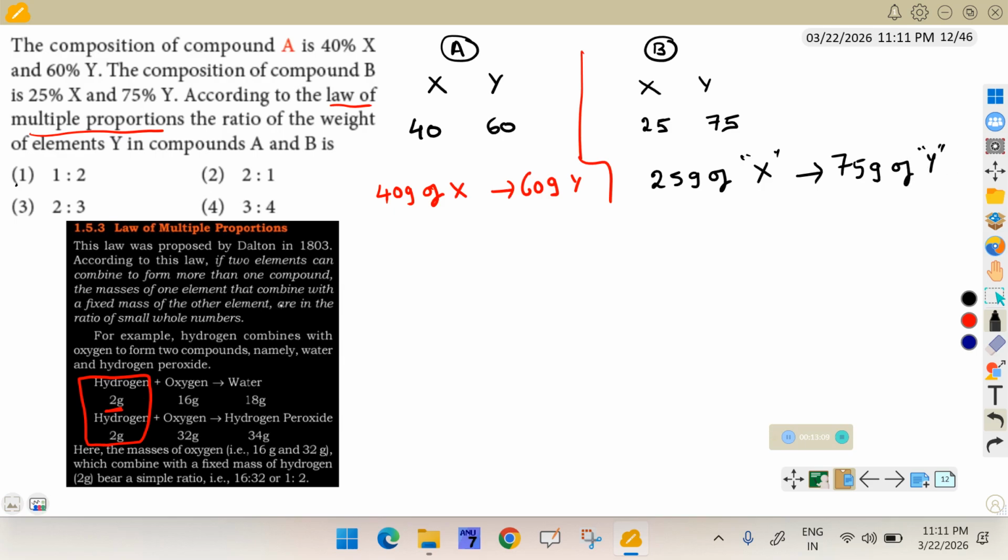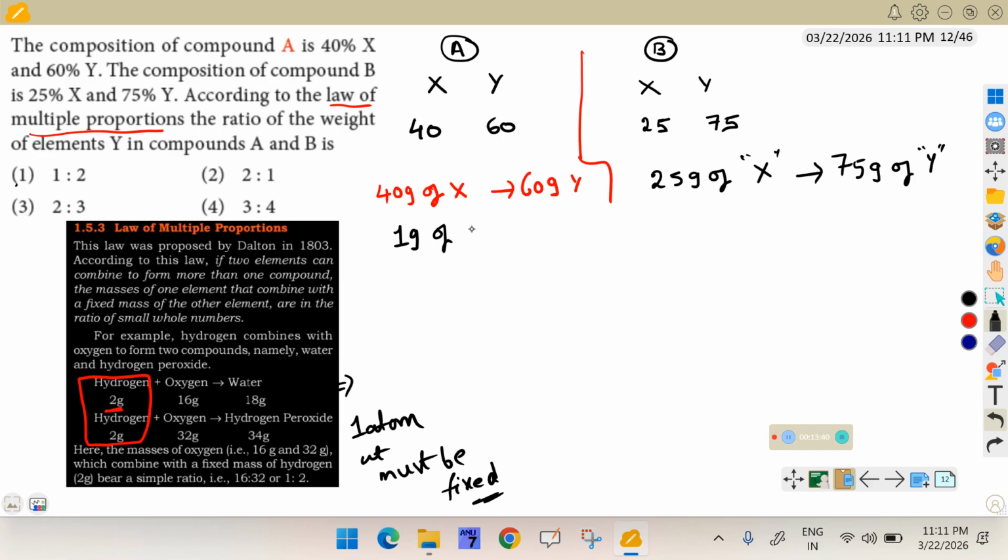What is the condition? One of the atom weights must be fixed. Either you can fix the weight of X or the weight of Y. So I can fix the weight of X as 1 gram, or 2 grams, or 10 grams, or 20 grams, anything.